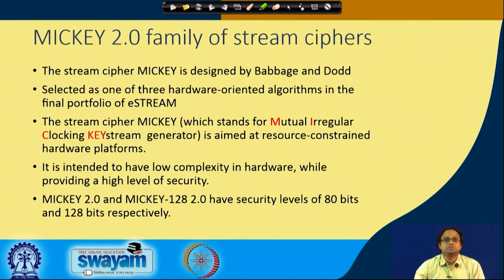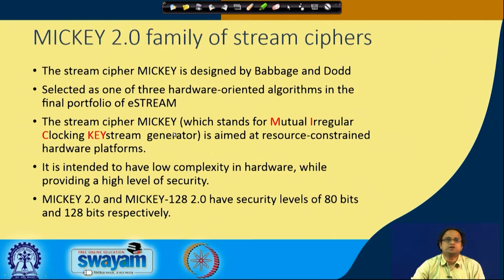Mickey was a stream cipher designed by Babbage and Dodd, and it was selected as one of the 3 hardware-oriented algorithms in the final portfolio of eSTREAM, which was a project to standardize stream ciphers.